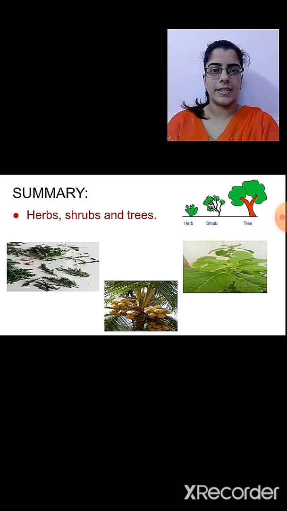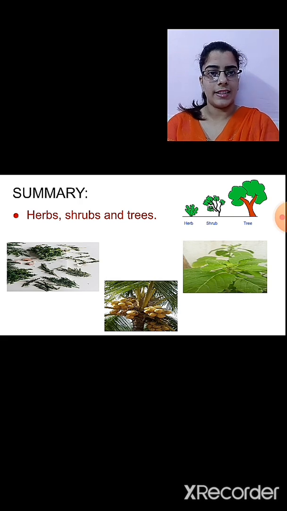What are shrubs? In shrubs, the stem is hard but not thick. The branching can be seen at the lower part of the stem. The examples of the shrubs are rose, tulsi, etc.